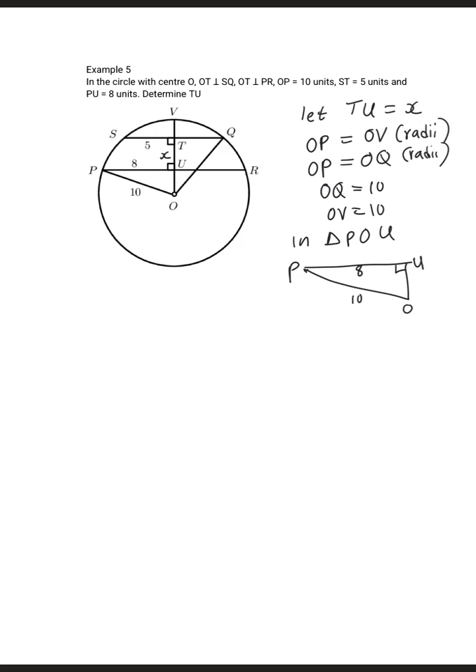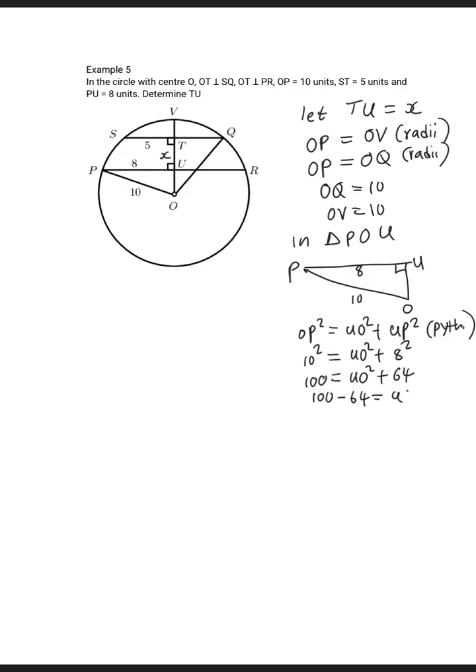OP squared is equal to UO squared plus UP squared. The reason is Pythagoras. OP is 10 squared, UO is what we are looking for, and UP is 8 squared. Then 10 squared is 100, which is equal to UO squared plus 64, and then 100 minus 64 is equal to UO squared.